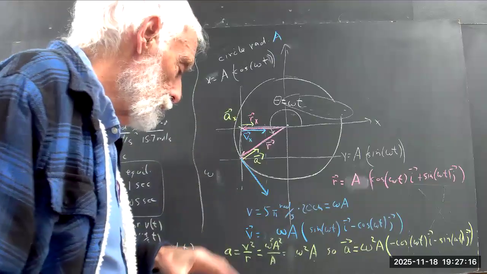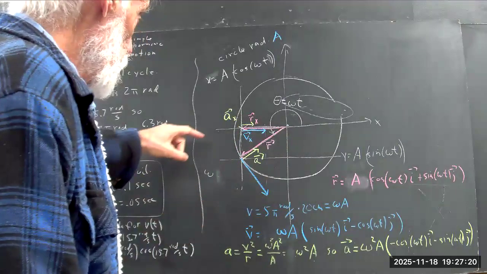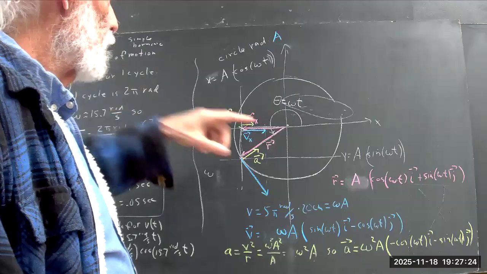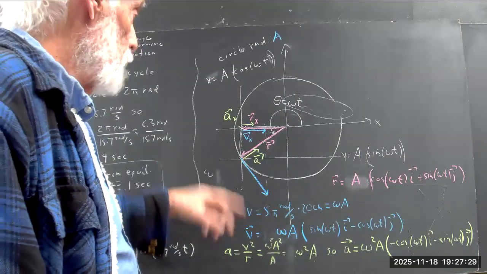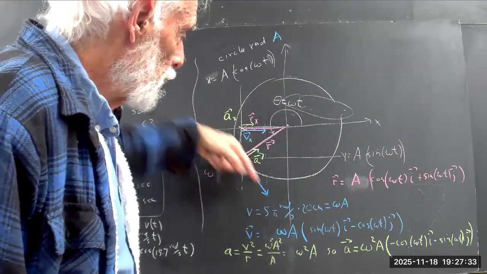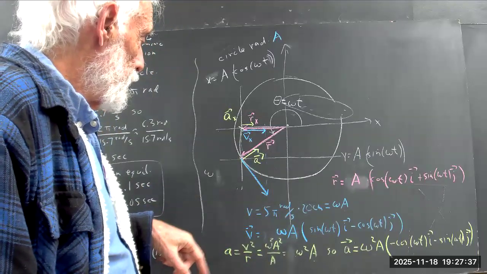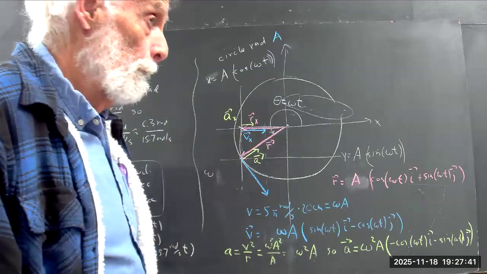I'm going to relate this to simple harmonic angular motion, but we'll talk about that later. Okay. This is a powerful model. It's a powerful picture. Try to understand it. Basically, you're moving around this circle with some velocity. You have a centripetal acceleration, v squared over r.